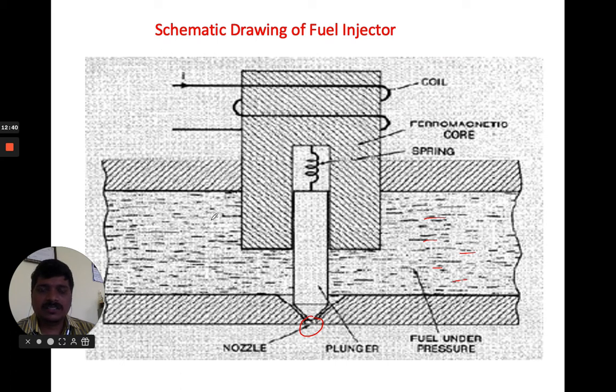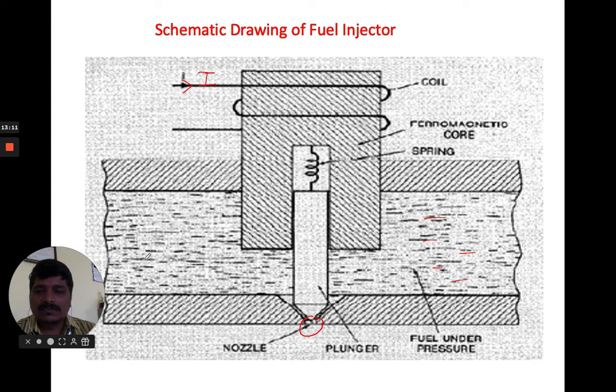In the working condition, when no current is passing through the coil, this is I. What happens here: the ferromagnetic material won't generate a magnetic field. So the spring will be in its normal condition and the nozzle will be in the down condition, like an off condition.